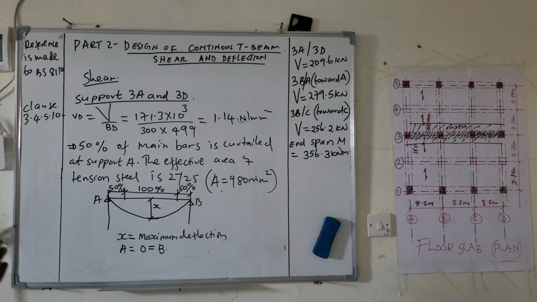So that is all about curtailment, and I will talk about curtailment at the end of beam design, that is singly reinforced beam design, doubly reinforced beam design and continuous beam. So I'll provide the information at the end of this topic of beam design before I begin slab design.